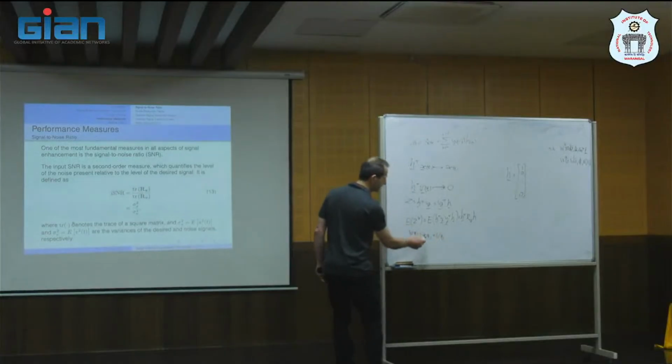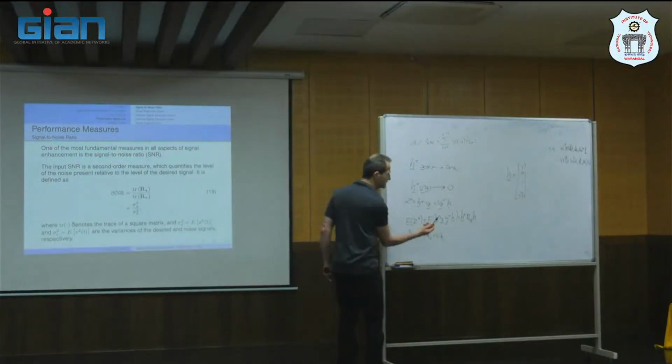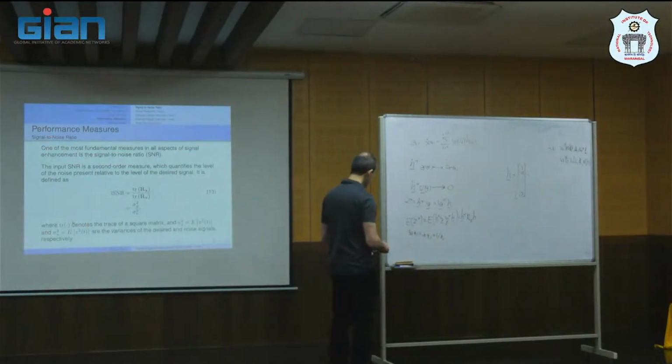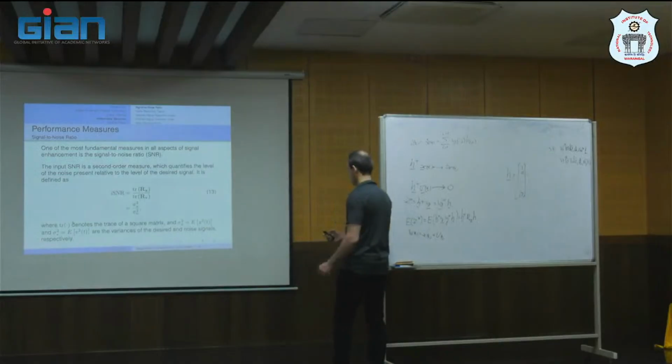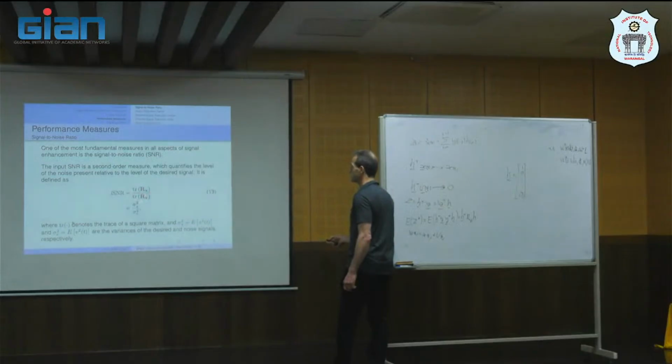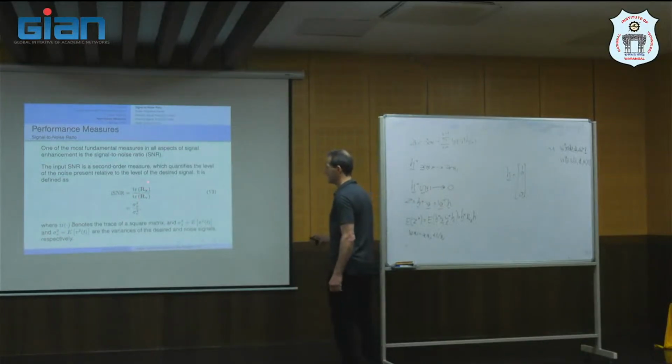So the input SNR is the ratio between the variance of X and the variance of V. This is the input SNR. And of course, we can write it as trace of Rx divided by trace of Rv. It's the same.